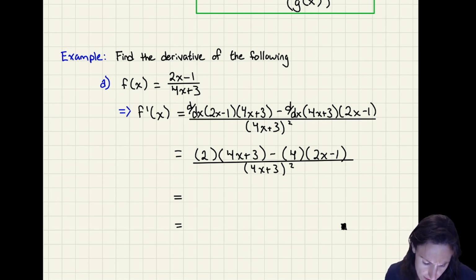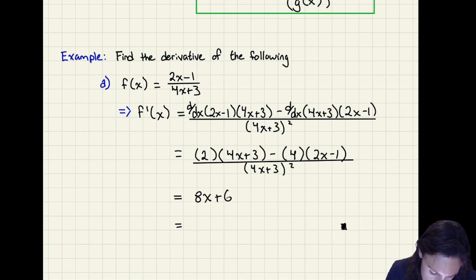And now let's expand the top. Okay, so we're going to have 8x plus 6 minus, now careful with the minus here, so we're going to have 4 times 2x, so 8x, and then minus 4. Okay, but we have this minus here, so it'll become plus 4.